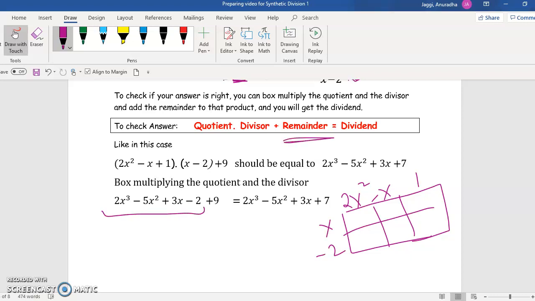Add the remainder to it. The remainder was 9. So when you add the remainder to it, you will get the dividend. Okay, so that is how you can check your answers.